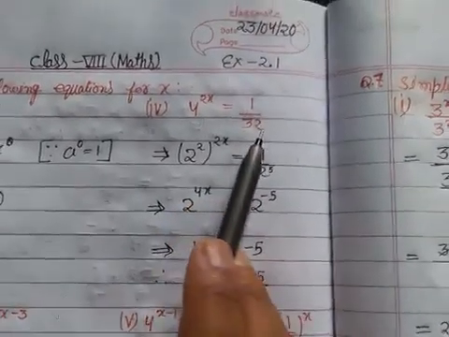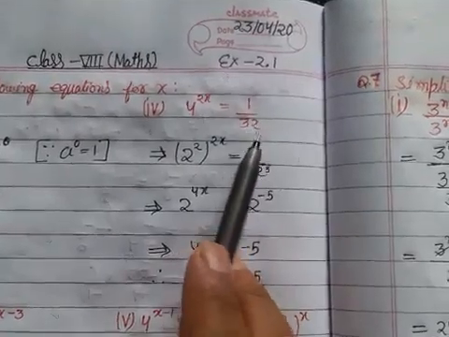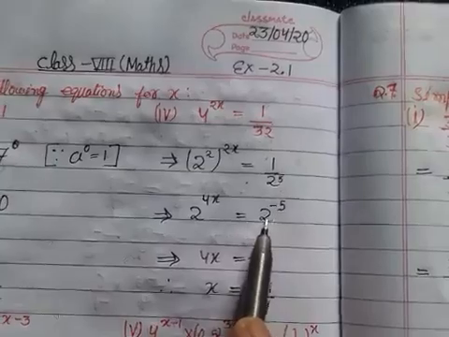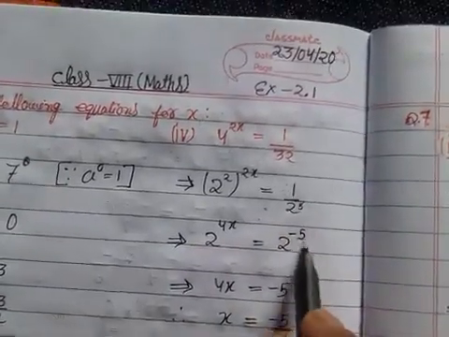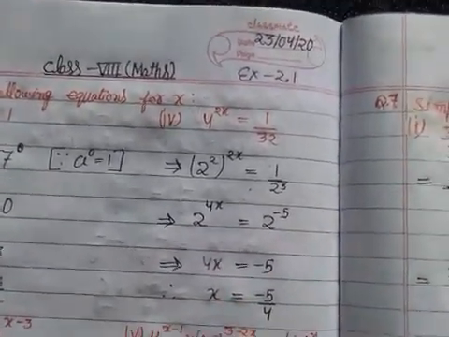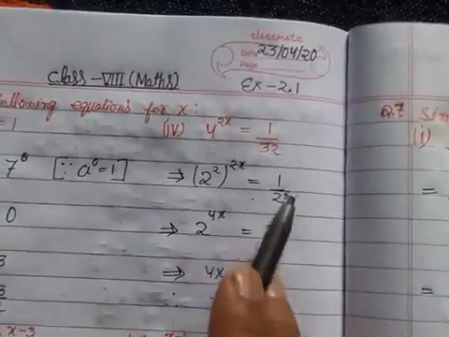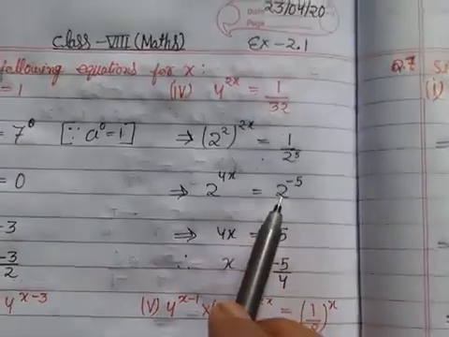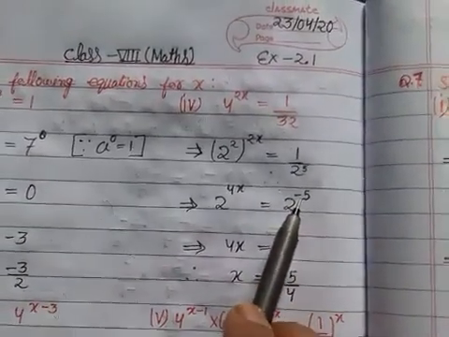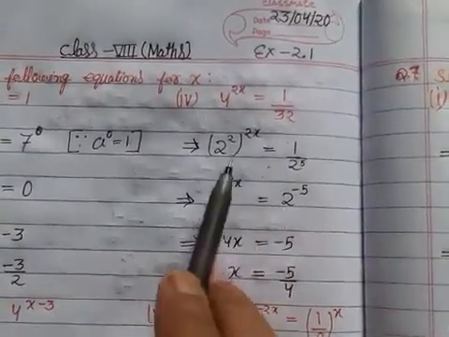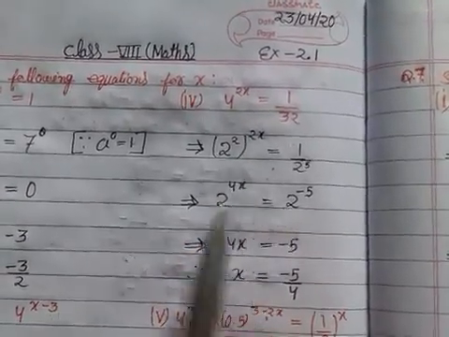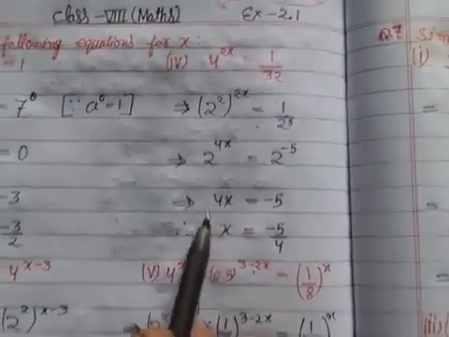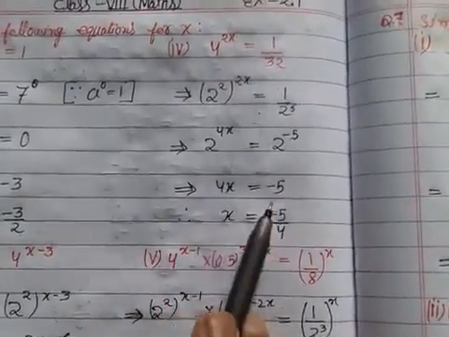Here we can write 2 to the power 5 in place of 32, because 32 is 2 to the power 5. When 1 by 2 to the power 5 comes to the numerator, its power changes to minus. So here the bases are the same, 2x is 4x, so the powers are equal: 4x is equal to minus 5. Therefore x is equal to minus 5 by 4.